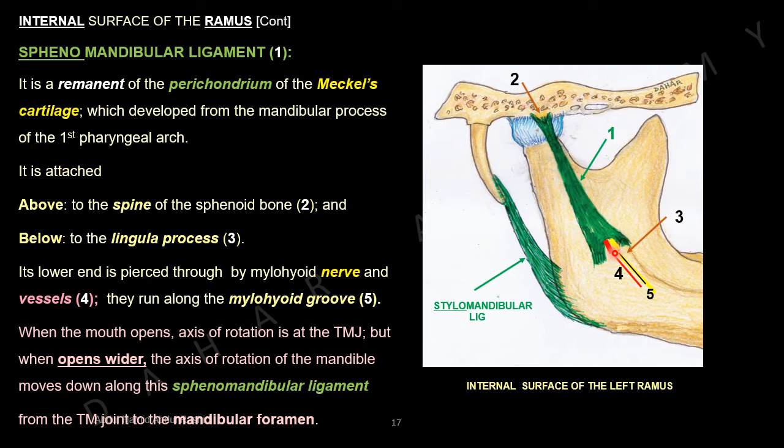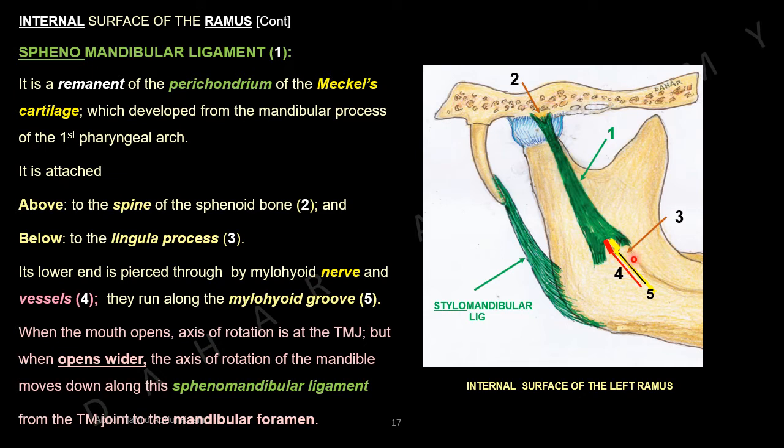So from where did the mandible develop? Mandible developed not from the Meckel's cartilage but from the mesenchymal tissue around the Meckel's cartilage. Now let's continue the sphenomandibular ligament. It is attached above to the spine of the sphenoid, here number 2, and below to the lingular process of the mandible.